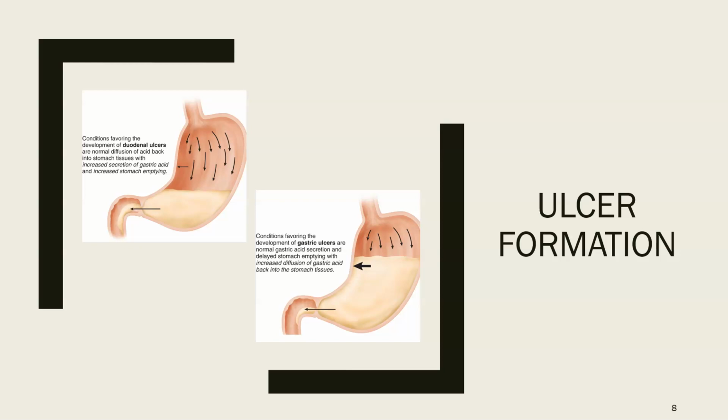So then you can have breakdown of the mucosal barrier, and this is usually from an H. pylori infection. Okay? Gastric emptying is often delayed in patients with a gastric ulceration. This causes regurgitation of duodenal contents, which worsens the gastric mucosal injury.